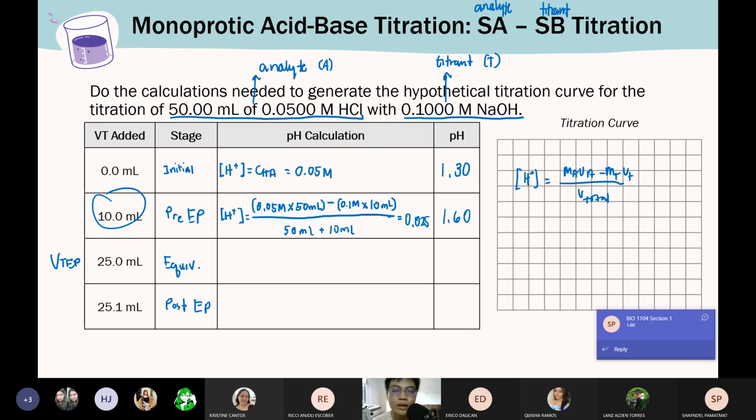Okay. And now, equivalence. What's the pH at equivalence without calculating? Ano sagot? The pH at equivalence is automatically 7. Matic yan. So, it is 7 always. Bakit 7? Kasi ganito na lang isulat niya: it's just the square root of KW. Bakit ganyan yung naging equation natin for the equivalence point?